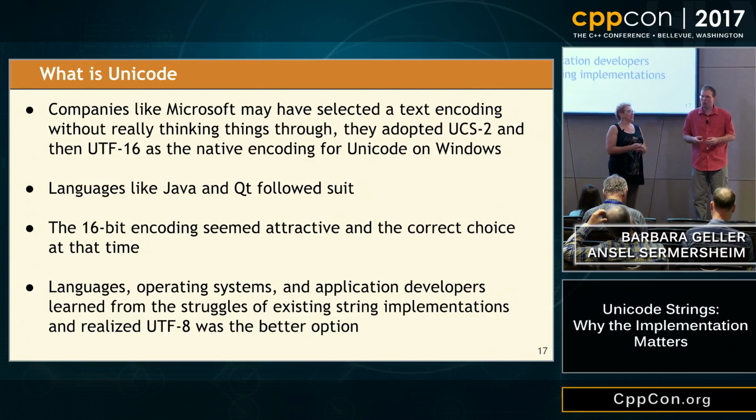At a certain point, they discovered that all of the symbols used in all of the world's writing systems throughout all of space and time are not going to fit in 16 bits. So they had to grow the code point size, and this removed a lot of the advantages of a 16-bit encoding. So most languages and operating systems that have come more recently to support Unicode have used UTF-8, both for backwards compatibility reasons and also for the quality of implementation it allows.